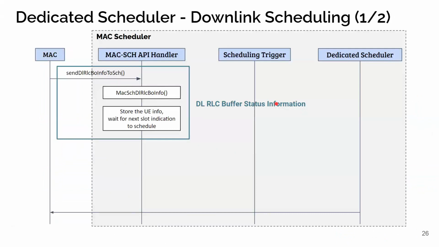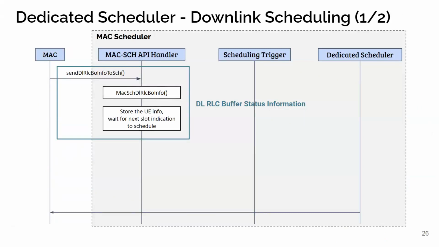Okay. The next part is regarding the dedicated scheduler. The first part is regarding the downlink scheduling, and I just mentioned it before. Here, the first part is the ILC, where the ILC layer will inform the scheduler how much data it wants to transmit.